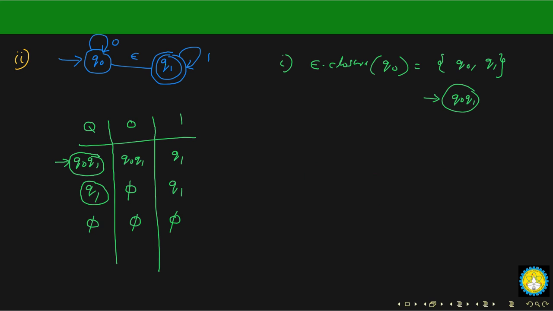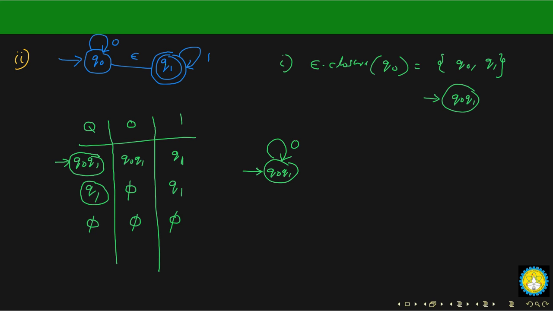So now that we have identified all the transitions, starting state and final states, we can easily draw the DFA. So let's start with the starting state. So our starting state is Q0 Q1. Okay. From there, if you get a 0, you're coming back to Q0 Q1. If you get a 1, you're actually going to Q1.